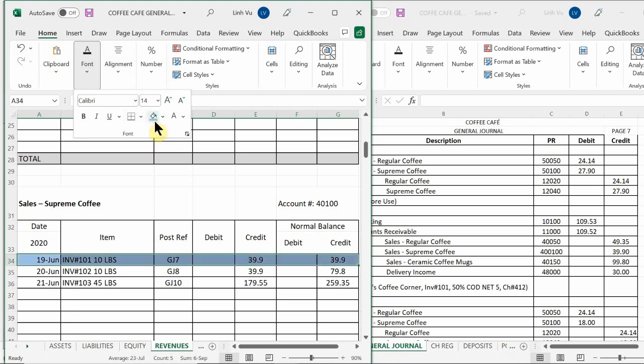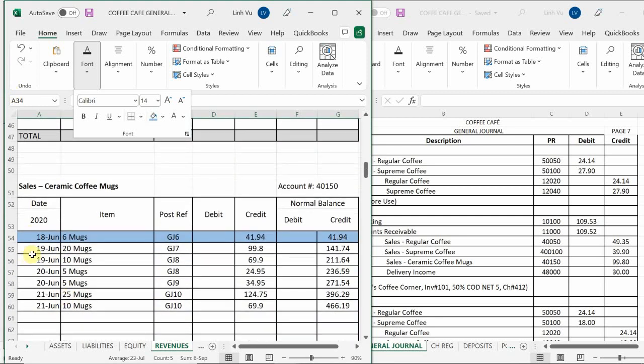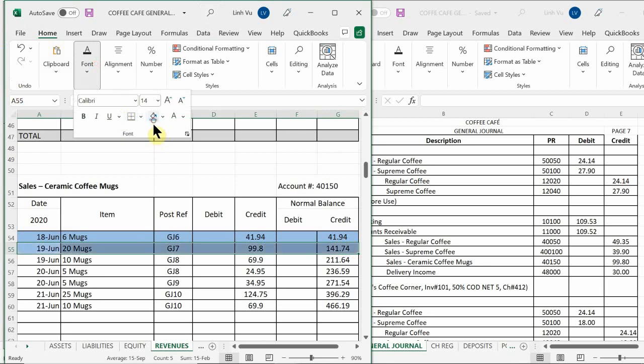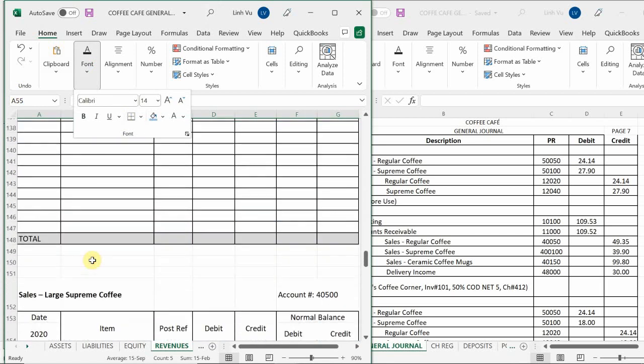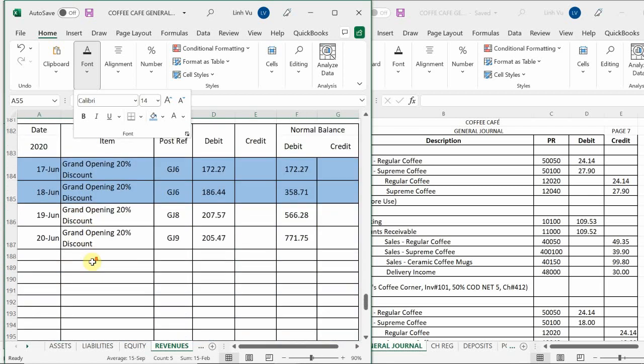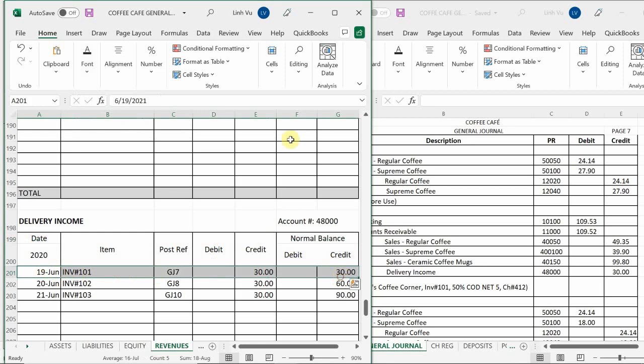Okay. And then we have to also do the ceramic coffee mugs for the 99. And then delivery income for $30. Yes, so that's correct. Okay.